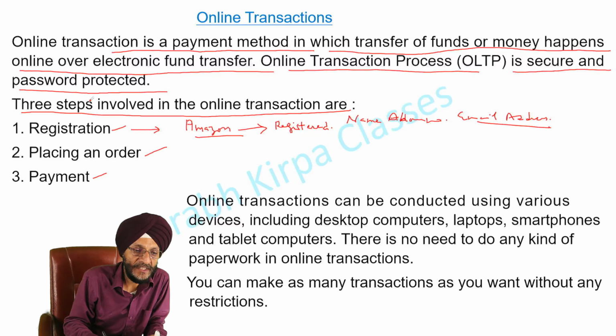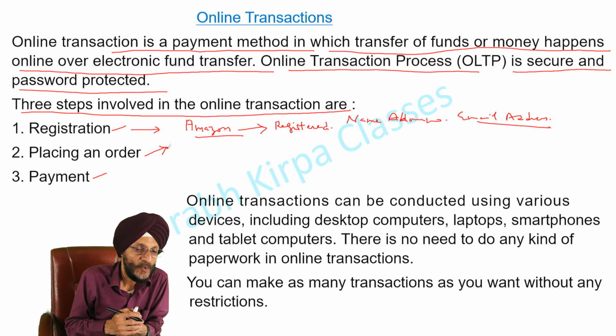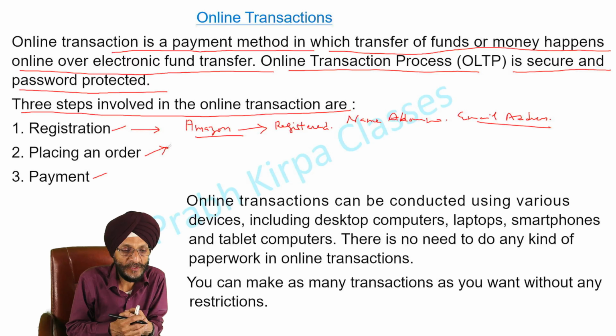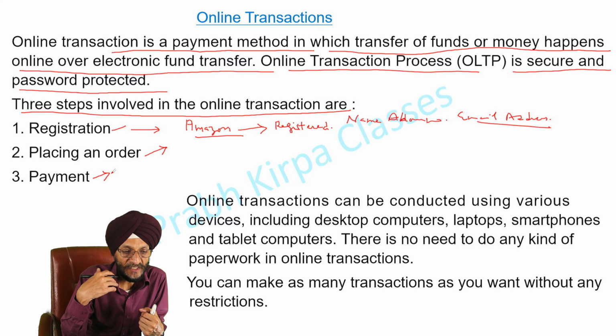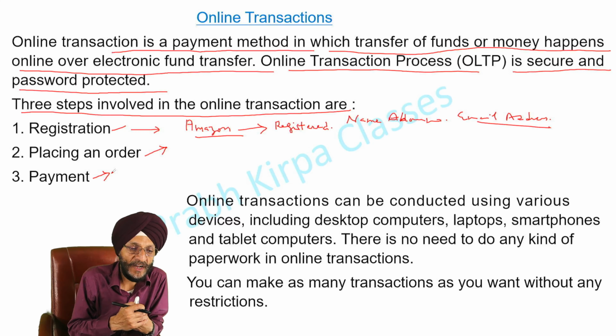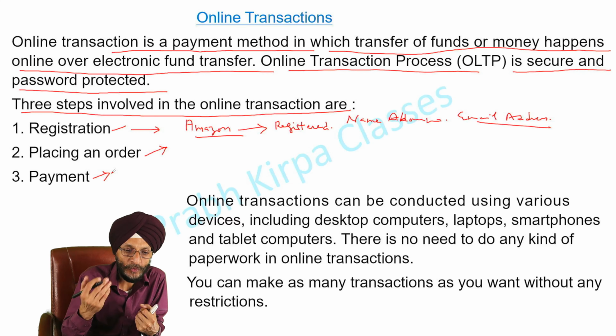After completing the process of registration, you will be able to purchase anything which is available on the Amazon site. And after placing the order, the next slide will open, which will ask for the payment, whether you want to use credit card, debit card, net banking, or some other payment method.